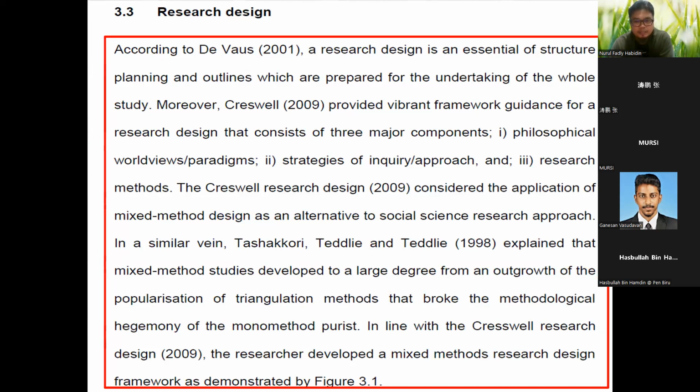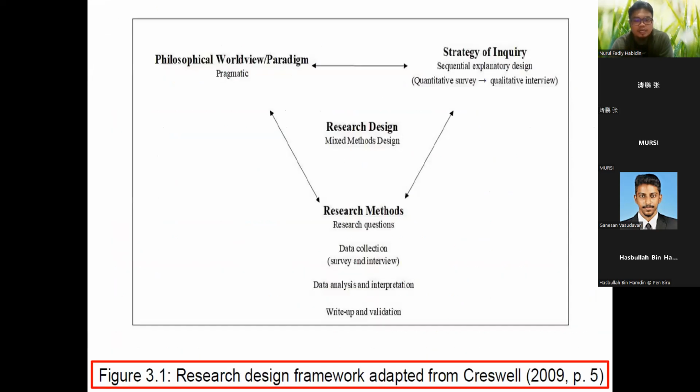Creswell on research design 2009 also considers application of the mixed method. Similarly, Tashakkori and Teddlie explain the mixed method study. I know that this research uses mixed method, that's why they cite Creswell and others, 1998. So this is their drawing. They show how this research design relates to the philosophical, strategy of inquiry, research design, and research method.